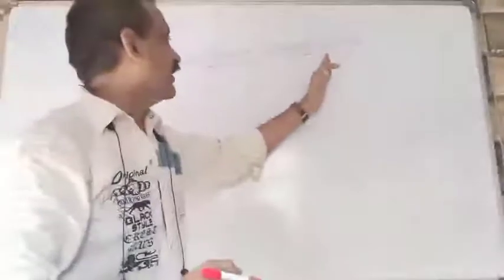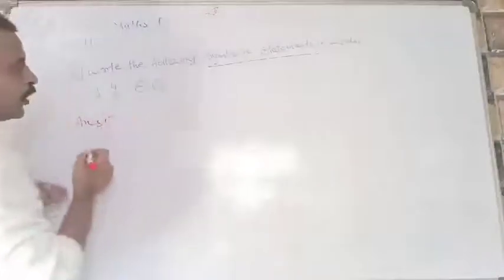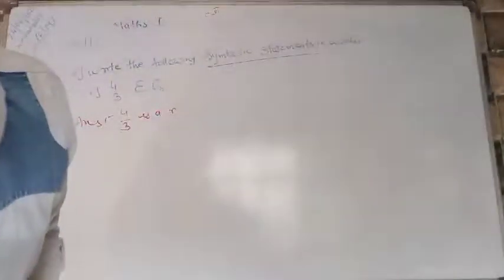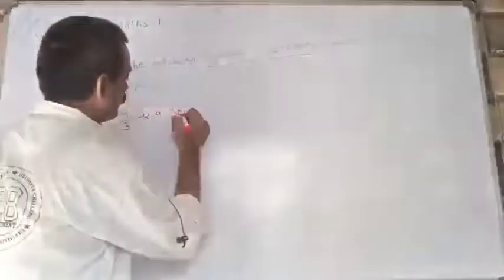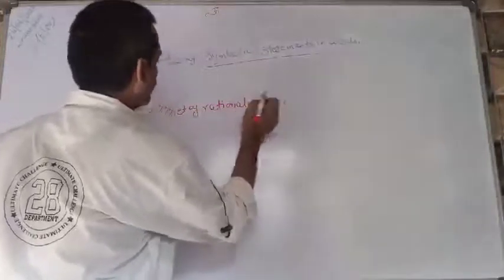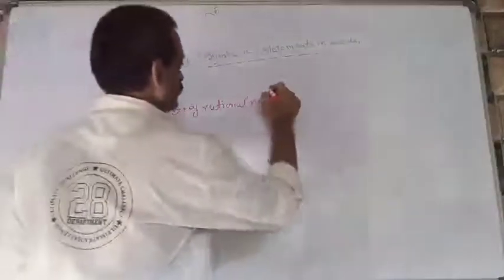In your textbook, question number 1 is 4/3 element of Q. Now we write this symbolic statement in words: 4/3 is a rational number. 4/3 is a rational number.